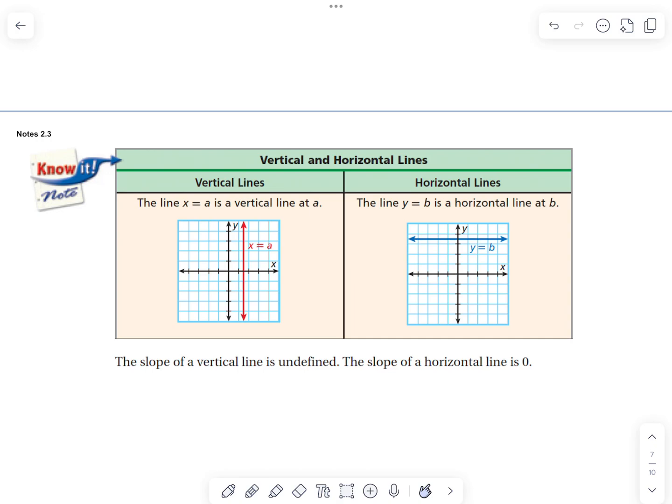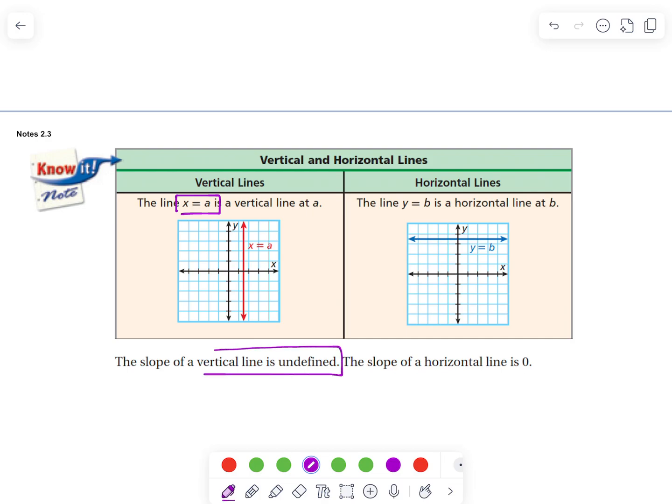Our next two types of lines are vertical and horizontal lines. Vertical lines will have x equals a, and our slope of a vertical line will be undefined.